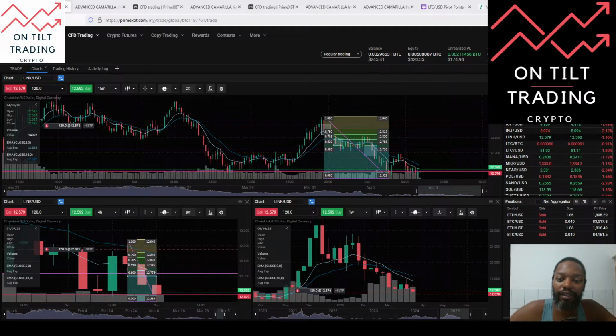So we can see here this is the 18 and this is the 9, and these are exponential moving averages.